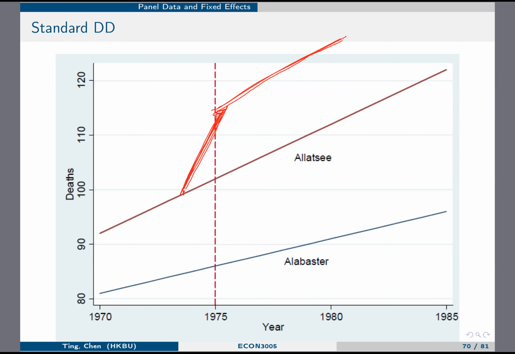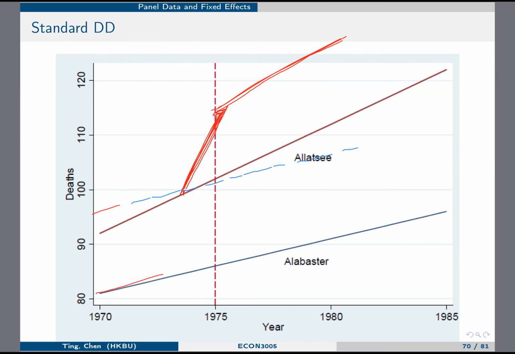Now, because we still use the time trend of the control group to control for the trend effects, we use the control group as the counterfactual. Maybe I should change the color. Then we draw a parallel graph here.